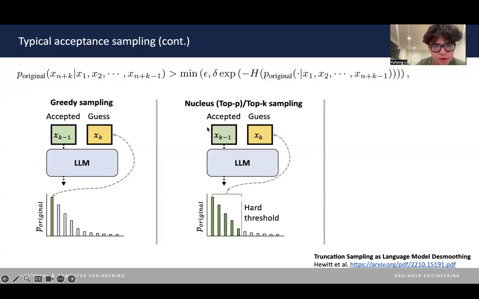And for nucleus or top-K sampling, it's a hard threshold. For example, if it's I, and this is M prime, etc., and the guess token is prime, and it is inside this, it can also be accepted. So this can be accepted; if this is prime, it cannot be accepted.